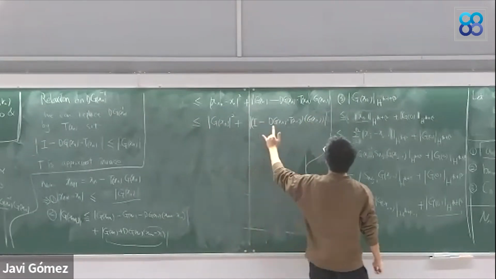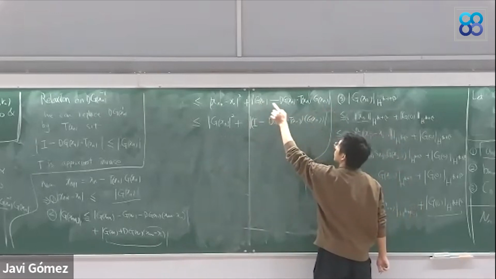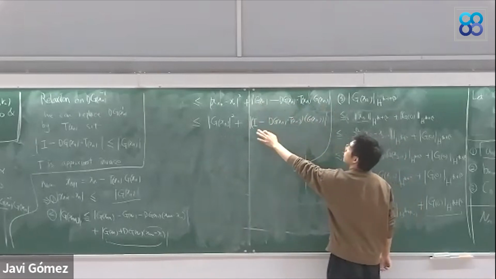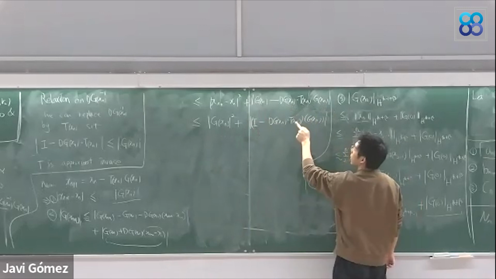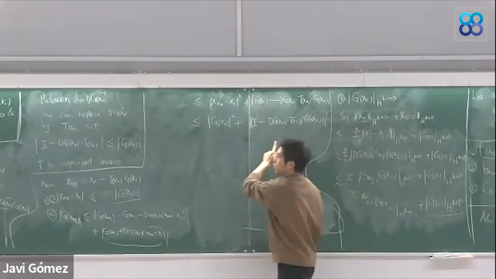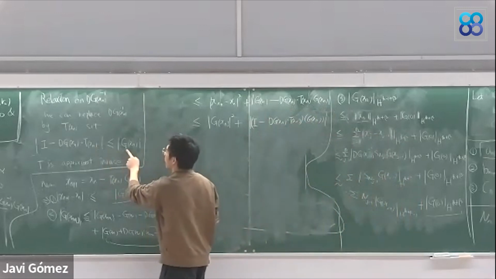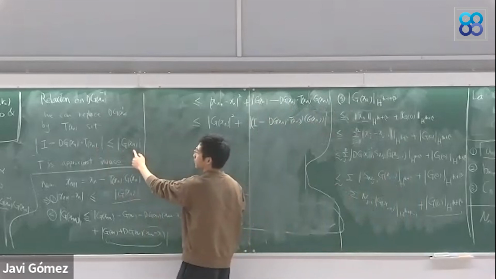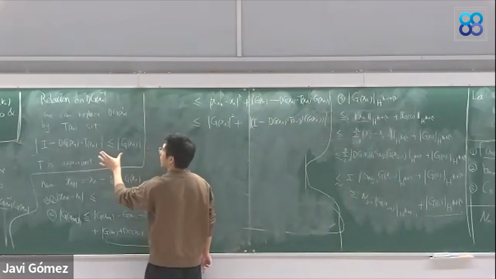Size, right? So we have the common factor g(x_n) here, so we pull that out. So we have I minus dg composed with T, and then we are assuming that T is an approximate inverse, so it satisfies this guy.